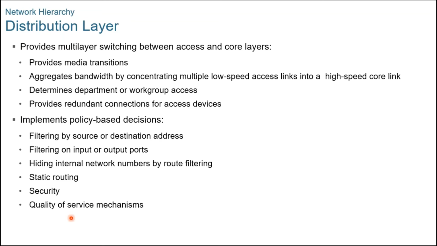You also have the quality of service mechanisms, for example, the precedence and the type of service or TOS value in IP packet headers can be set in routers to leverage queuing mechanisms to prioritize traffic. So basically, the distribution layer provides a link between the core and the access layer.